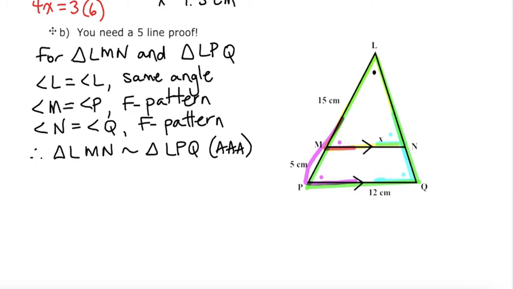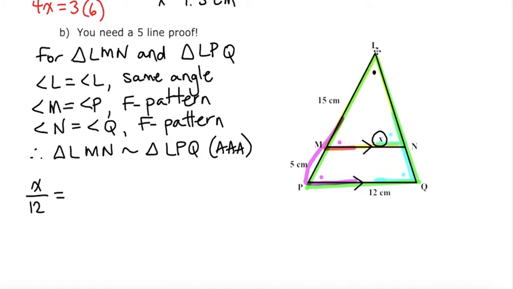So again, now that I've shown that those two triangles are similar, I can use the information about the ratio of sides to look for this missing measurement X. So what do I know? I know that I'm looking for X, and the side that's in proportion to X would be 12. Now, what do I know about the other sides of my triangles?